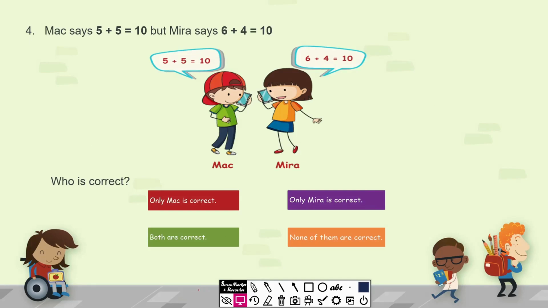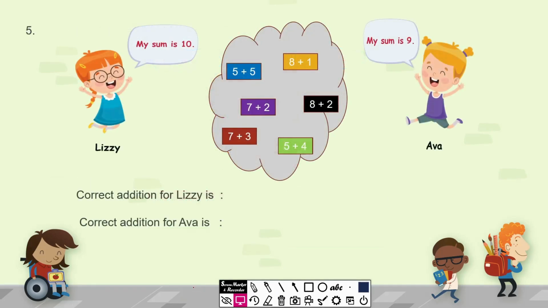Come on, very nice. Now, Lizzie says my sum is 10. Eva says my sum is 9. The correct addition for Lizzie is, we need to place here all the correct additions which are equal to 10.